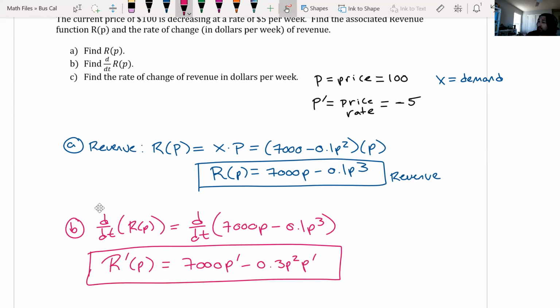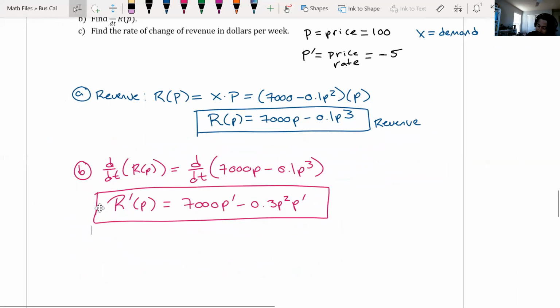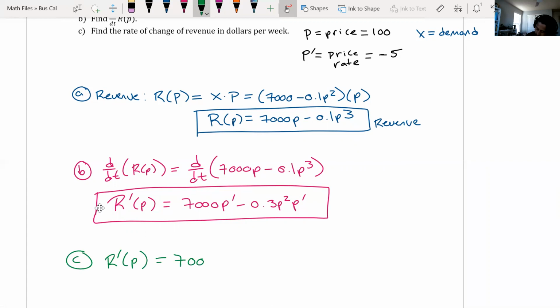And now C says find the rate of change of revenue in dollars per week, which means all we have to do is plug in P and P prime. So C, R prime of P is going to equal 7,000 times P prime, which is -5, minus 0.3 times P, which is 100 squared, times P prime, which is -5.